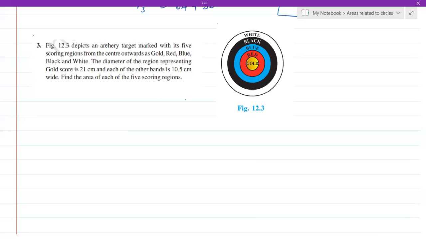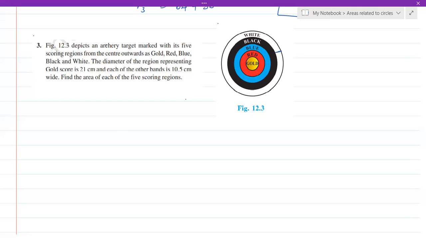Now, the diameter of the region representing the gold score, that is the circle which is inside, is 21 centimeters, and each of the other bands is 10.5 centimeters wide. If you take this white color from here to here, this width they've given is 10.5.